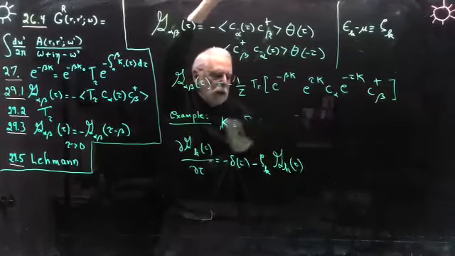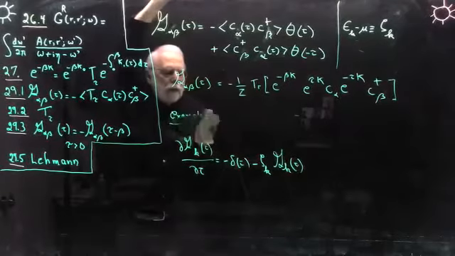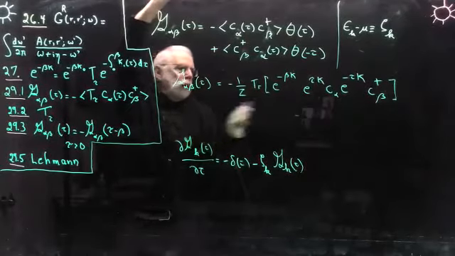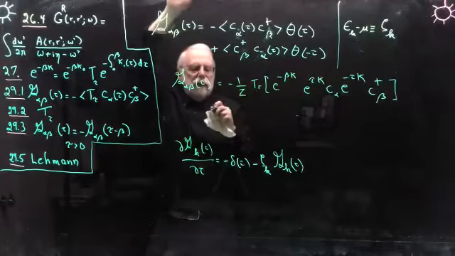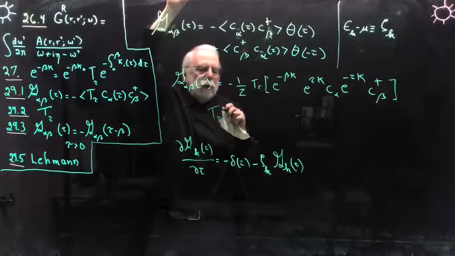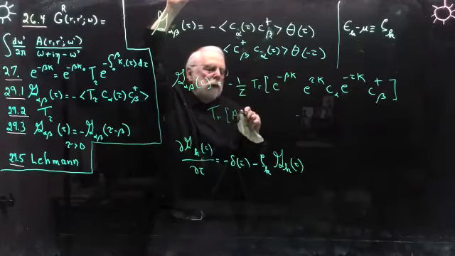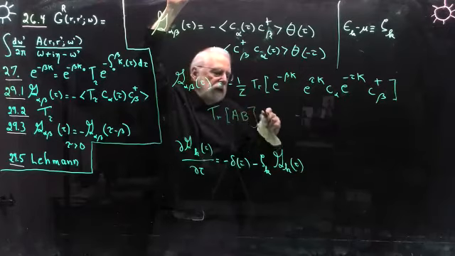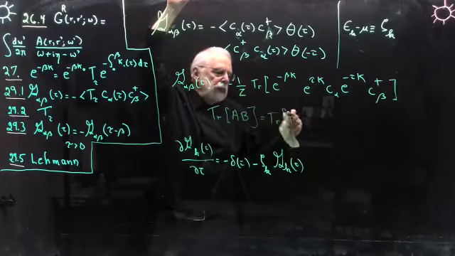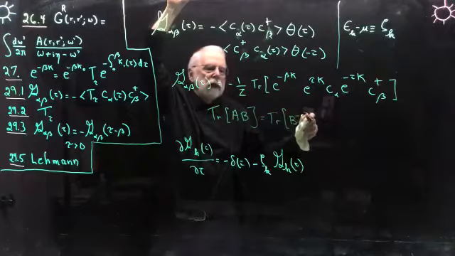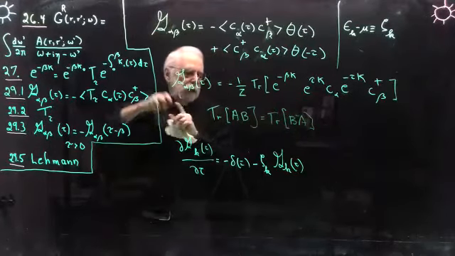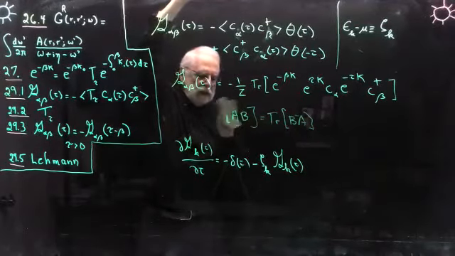Now, all that I'm going to use is the cyclic property of the trace. In a trace, I can permute the matrices. If you don't remember this, you can redo the proof for yourself. The trace of AB is equal to the trace of BA. Okay? If I do cyclic permutations, then it works out.